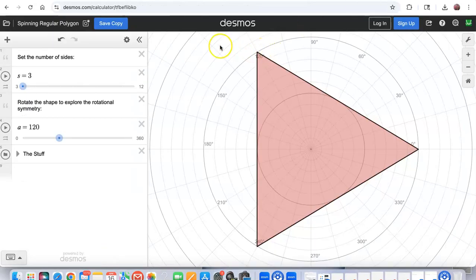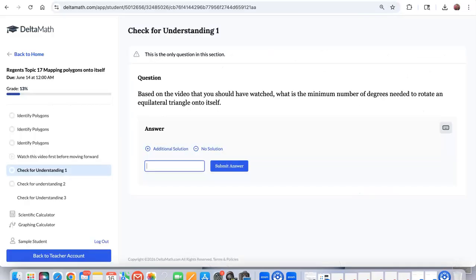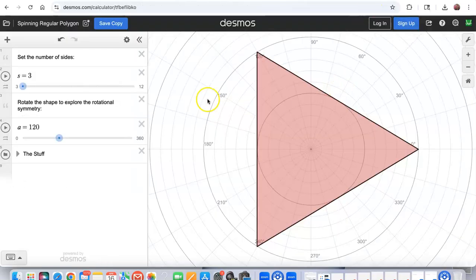So there's a Desmos activity, and I'll post this on Google Classroom as well, that kind of goes through the idea of rotating a shape onto itself. So with this situation, obviously this is a triangle.